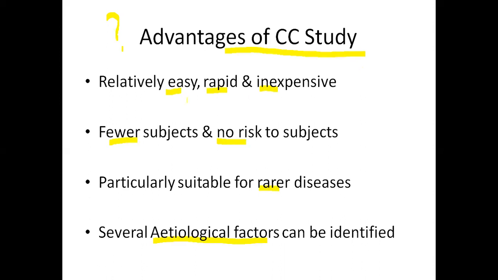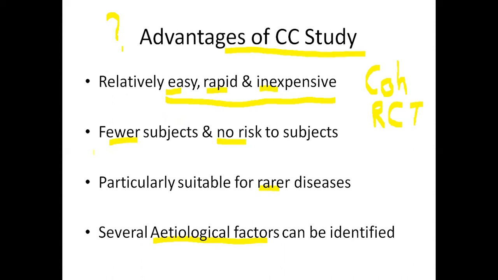So when we say that case control study is relatively easy, rapid and inexpensive, it is so as compared to firstly the cohort study and secondly the RCT, the randomized control trial, also known as the intervention trials. Similarly, fewer subjects are required and there is no risk to subjects in relation to these two studies.